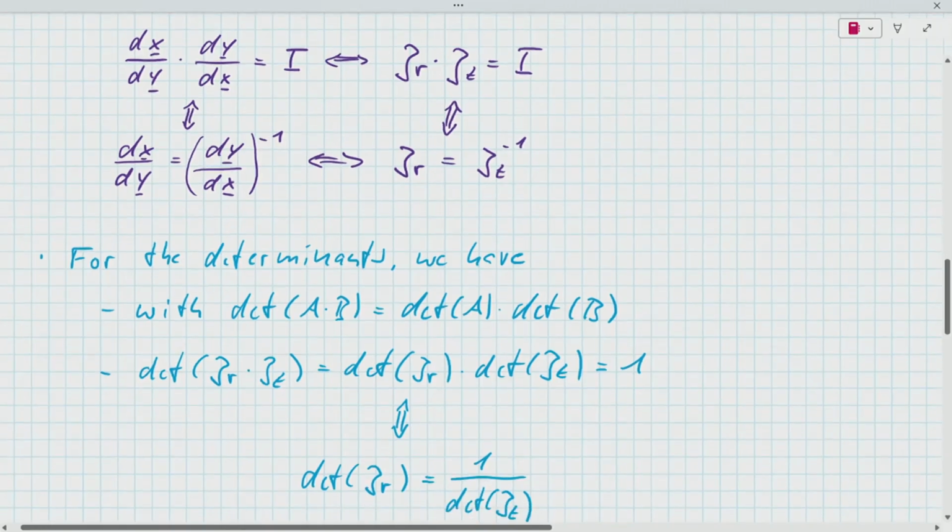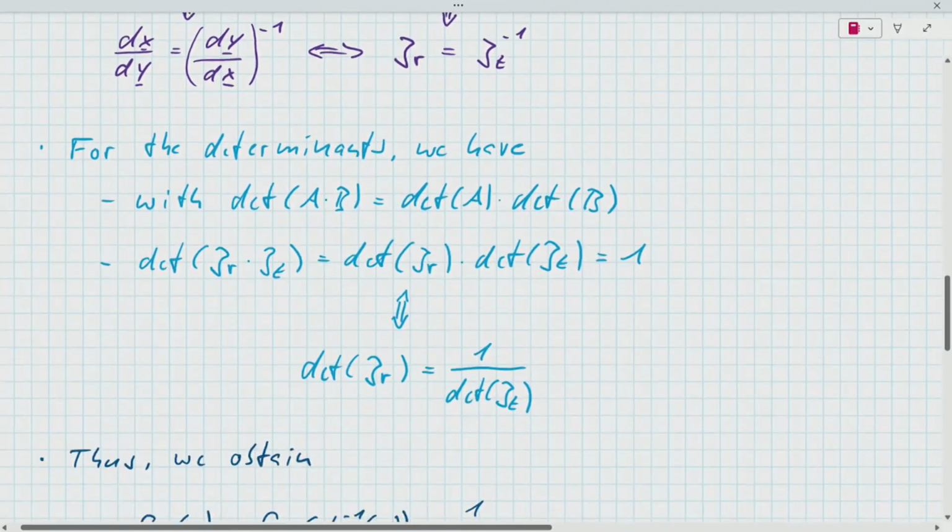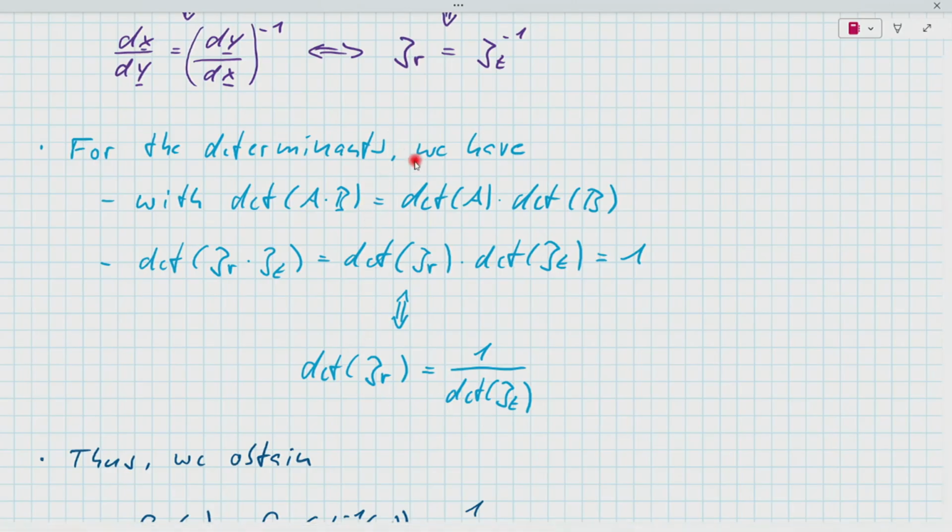Okay, so the Jacobians are inverses, but for the determinants, we can also see quite quickly that the determinant of a product of two matrices, A and B, is equal to the determinant of A times the determinant of B. And then I know that the determinant of Jr times the determinant of Jt is the determinant of Jr times the determinant of Jt, but we know that this is equal to 1, because that was the identity matrix, this product.